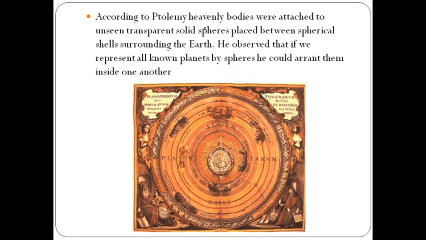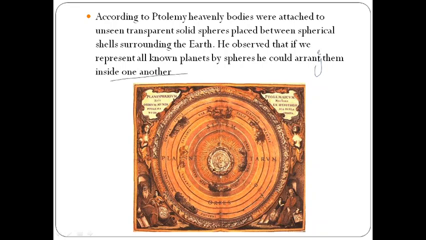And Ptolemy also proposed that heavenly bodies were attached to unseen transparent solid spheres placed between spherical shells surrounding the Earth. He observed that if we represent all known planets by spheres, he could arrange them inside one another.